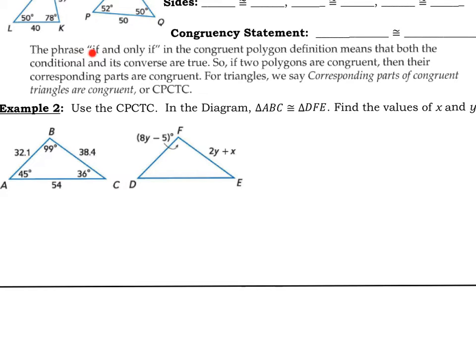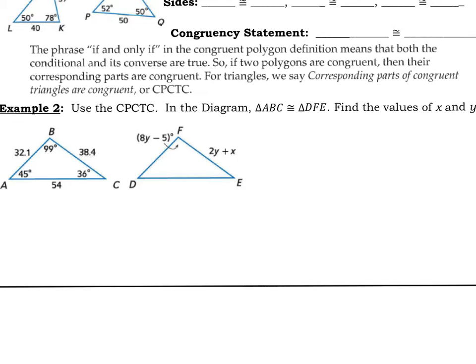Moving on, I have this definition to read to you. The phrase "if and only if" in the congruent polygon definition means that both the conditional and its converse are true. So if two polygons are congruent, then their corresponding parts are congruent. So for triangles, we say corresponding parts of congruent triangles are congruent, or CPCTC.